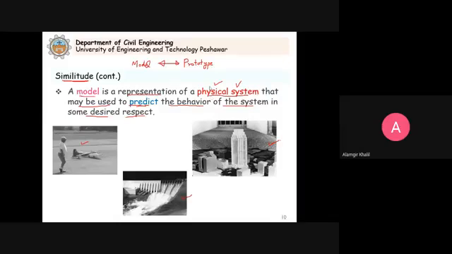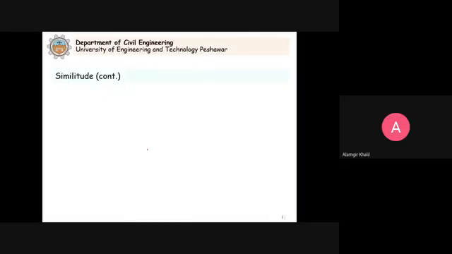It is a representation of the physical system that may be used to predict the behavior of the system in some desired respect, what you want to test. And it may be smaller or may be larger. Clear? So it's not that model means that it is always smaller than the prototype. In some cases, it can be larger than the prototype.